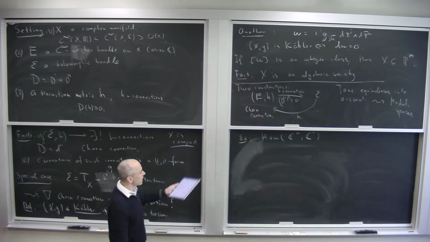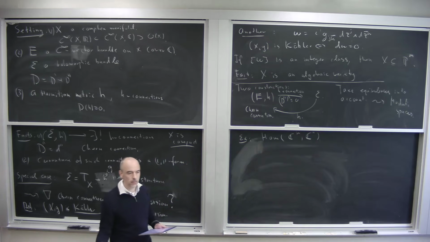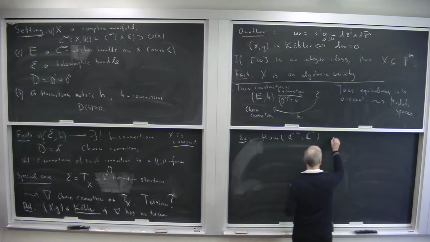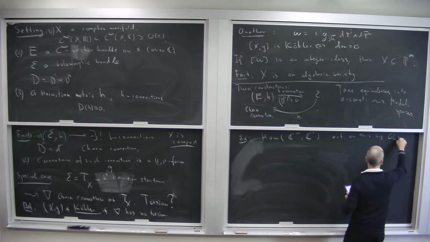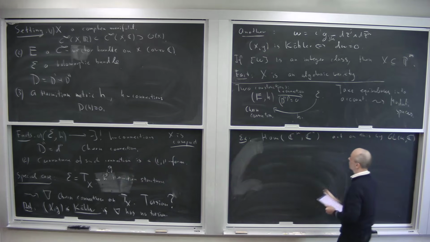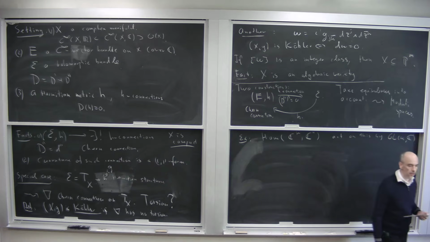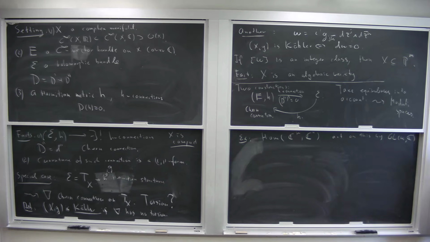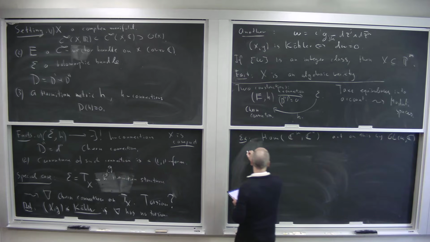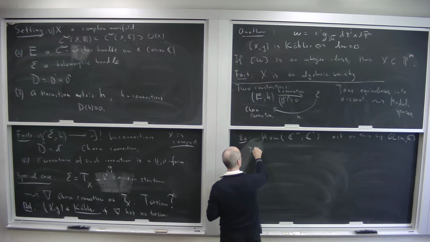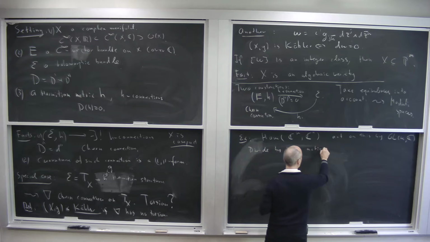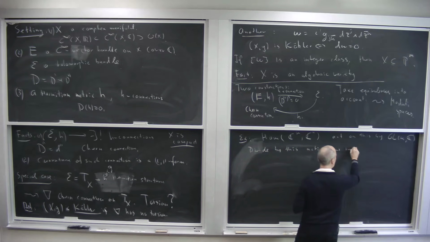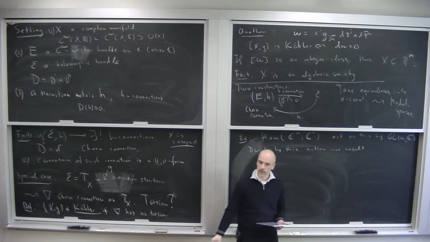And then I can act on this space from the right by GL_k(C). So I'm rotating things, changing things inside the domain. And now when I try to divide by this action, the result is not satisfactory.